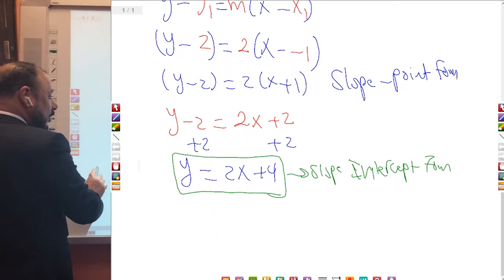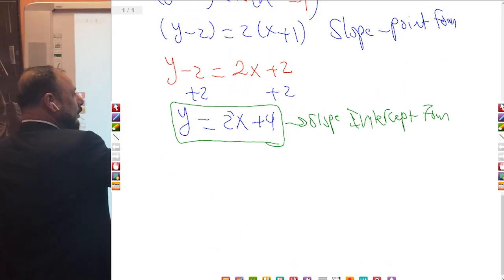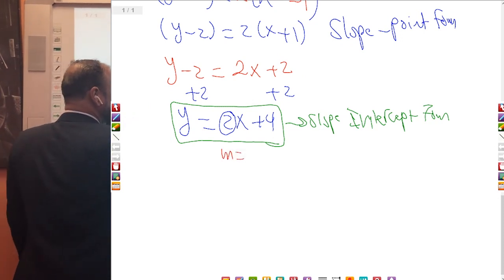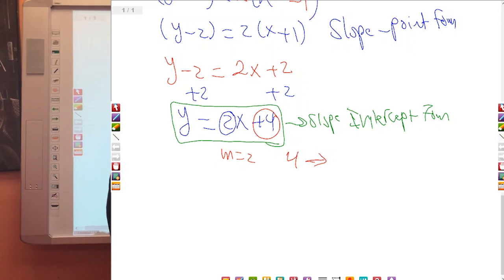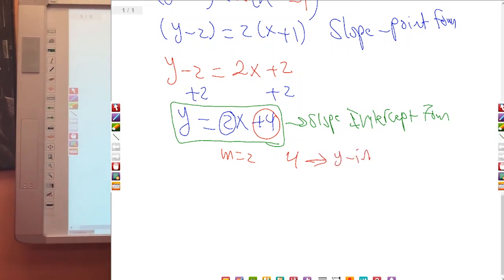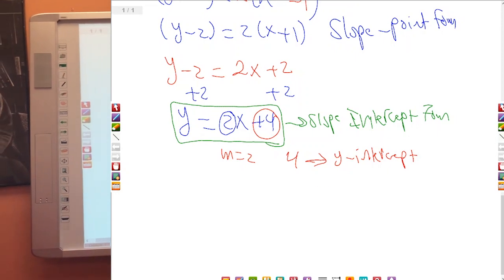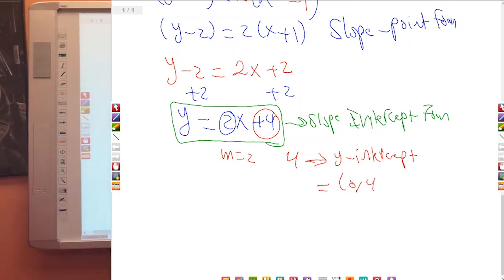From this form, 2 is my slope, the one I found, and 4 is my y-intercept, which is the point (0, 4).